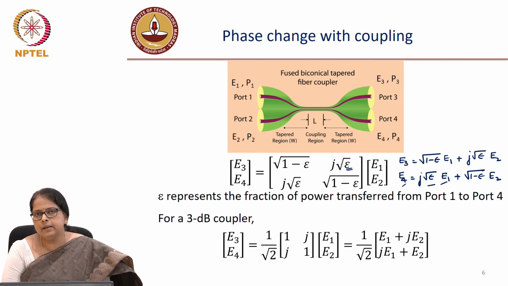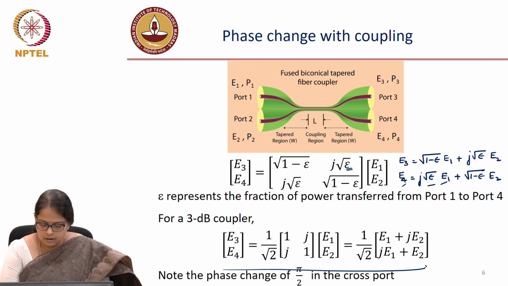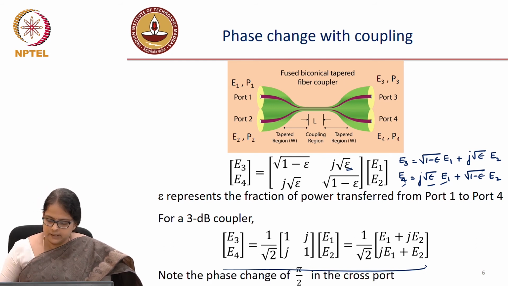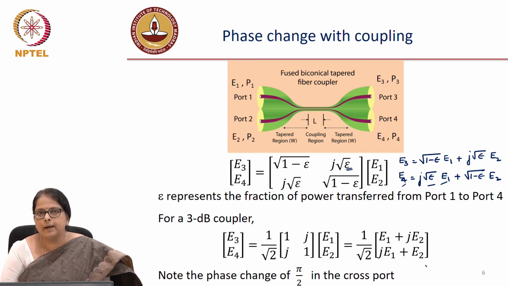Now if it's a 3 dB coupler, obviously this transfer function is represented this way. This idea becomes useful in a coherent receiver, which we will do in our next module. So the point to note here is that there is a phase change of pi by 2 when you compare the two ports.